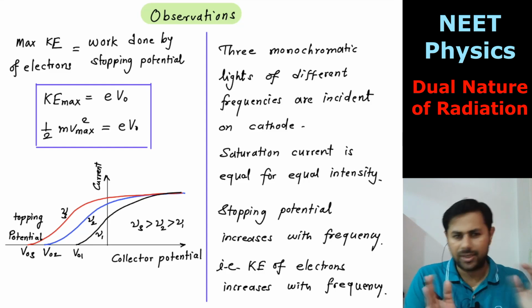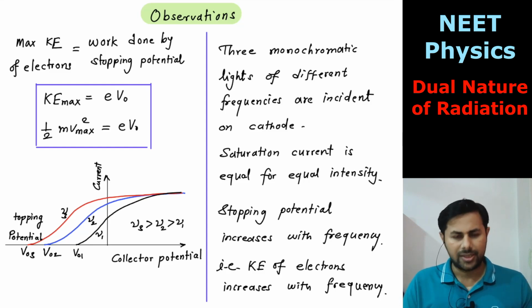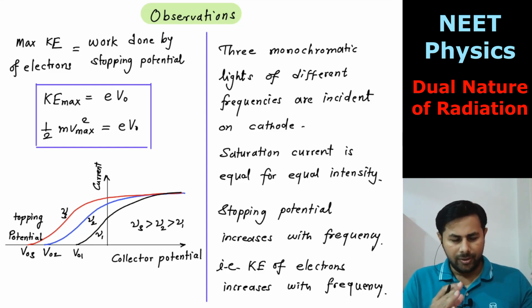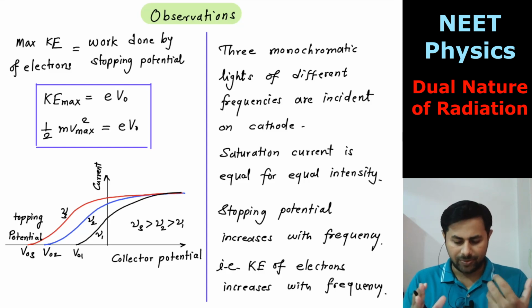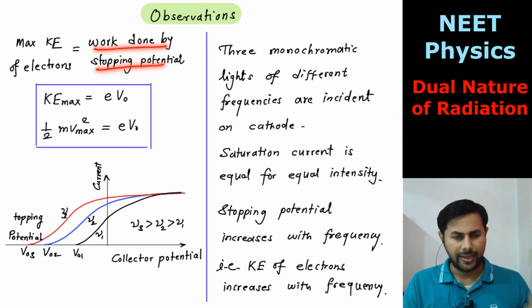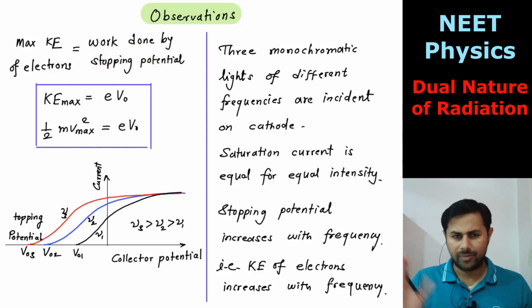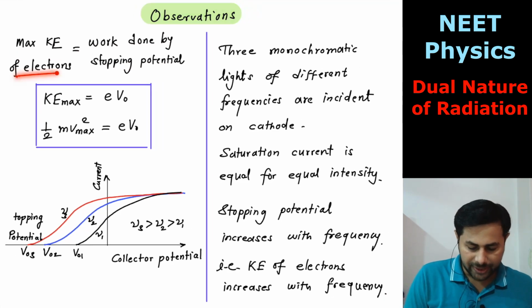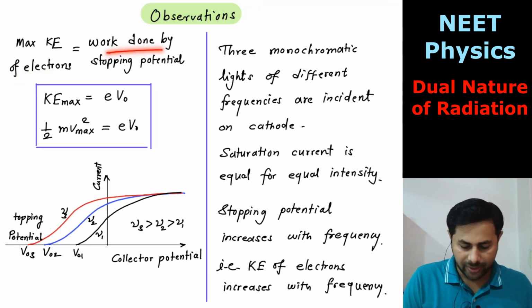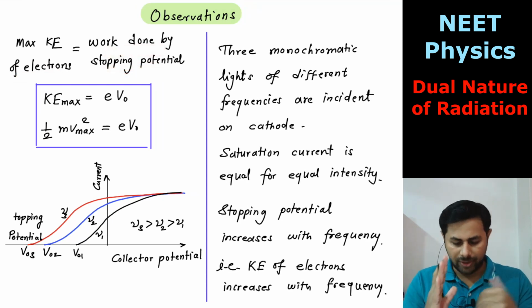Some will be a little bit slower, some will be a little bit faster, but they will have some kinetic energy, and you are stopping all of them. So the maximum kinetic energy of electrons would be equal to the work done by the stopping potential, the work done by the electrostatic potential, to stop electrons.